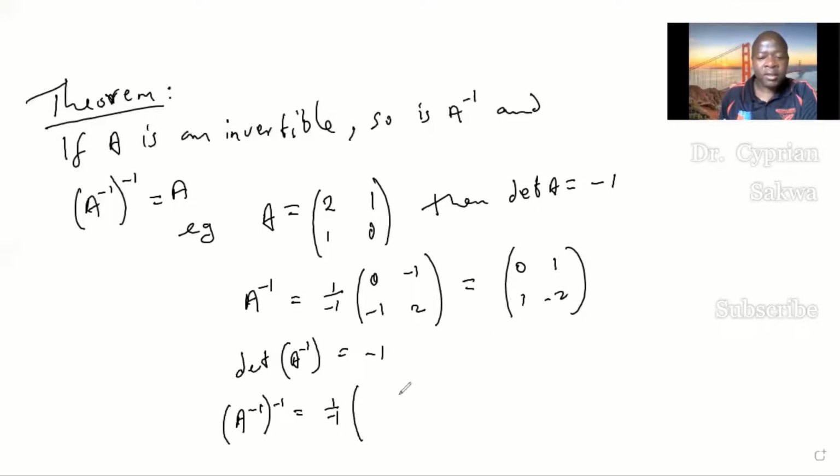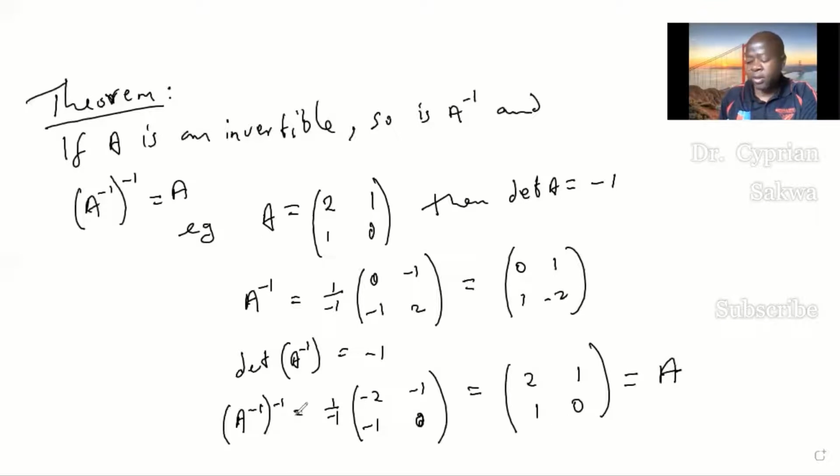So we reverse this to be negative 2, 0, and change the sign there: negative 1, negative 1. When I multiply through with this negative 1, I would have 2, 1, 1, and 0 here. So what you realize is that the inverse of A inverse is A.